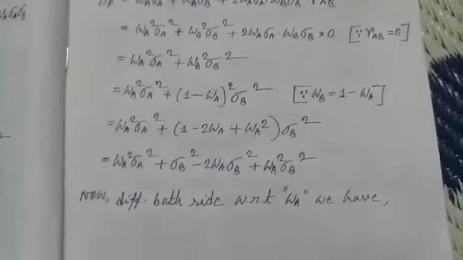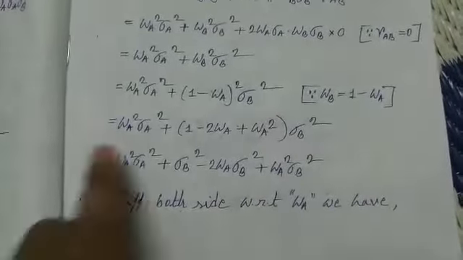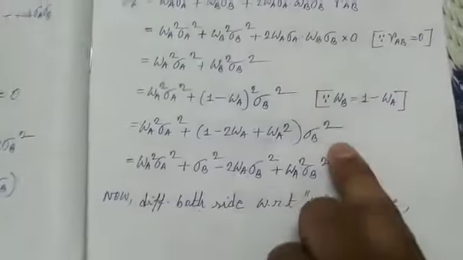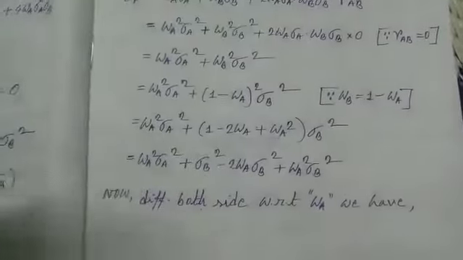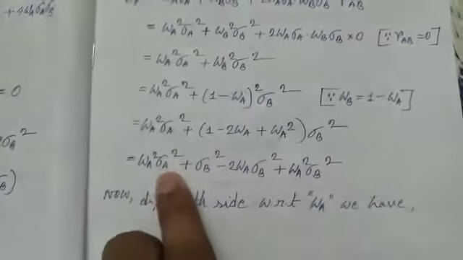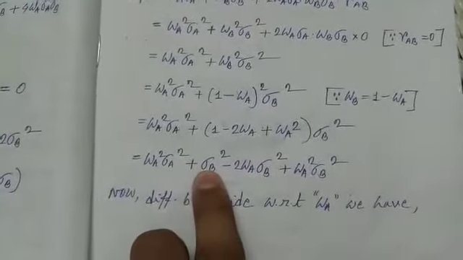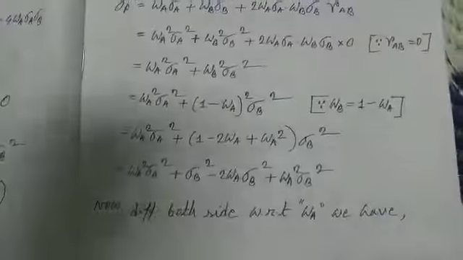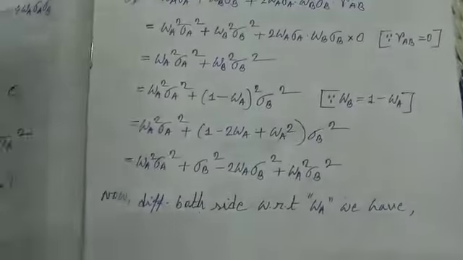Now we have to differentiate both sides with respect to WA, because in this variance function the variable factor is WA, because here sigma A is constant, sigma B is constant, so here the variable factor is WA. So we have to calculate the changes that are to take place if WA is being changed.